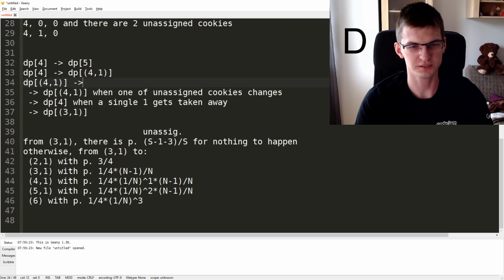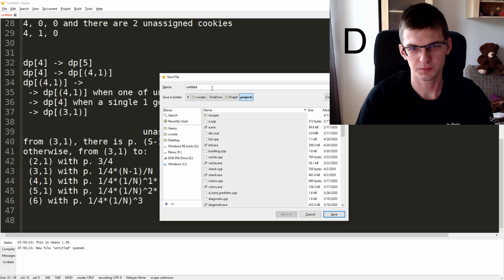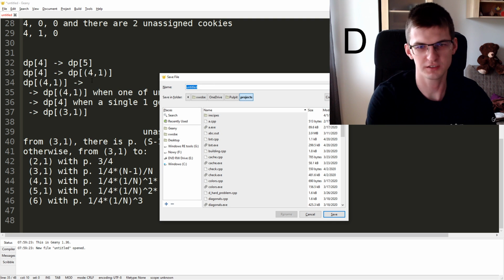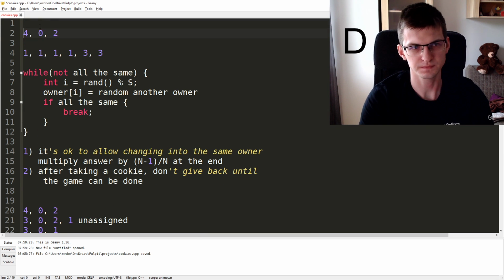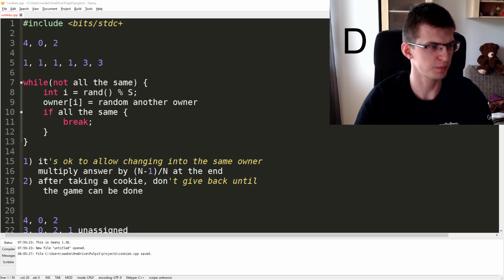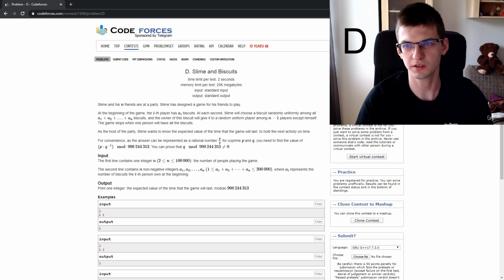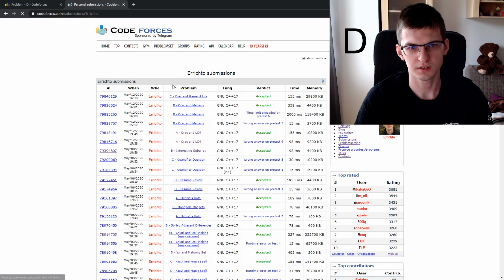This will not be nice to implement. Projects. This is d.cpp. Let's call it cookies. I can copy paste my templates from somewhere. Submissions.